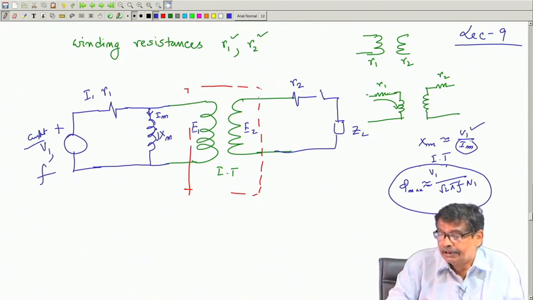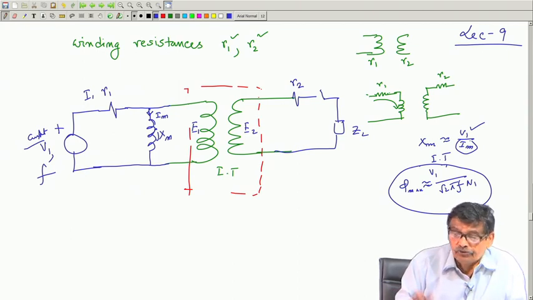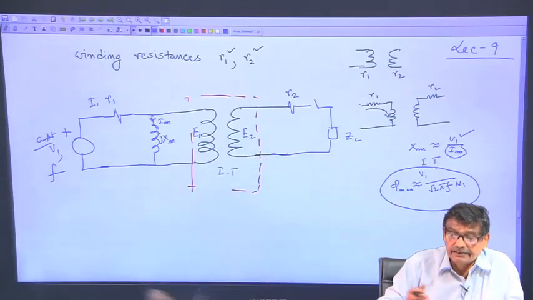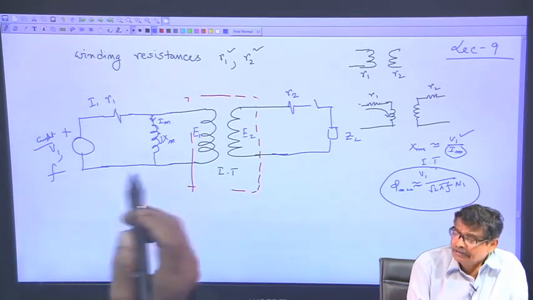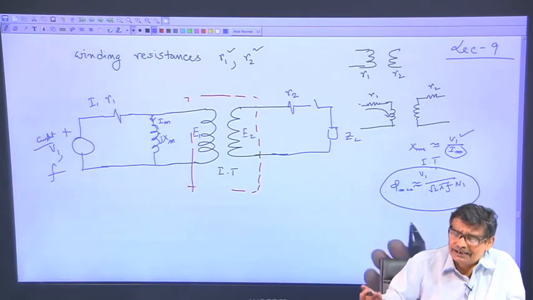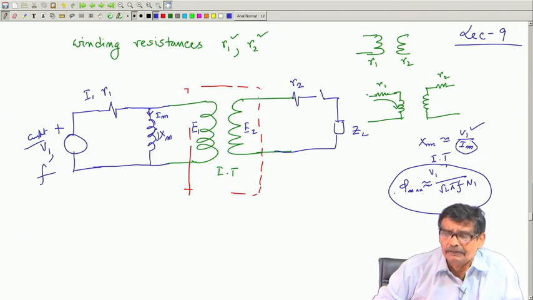Therefore, you must see that very good material is used, for example copper, whose resistivity is very low. So with rho L by A the winding resistances are small. So this assumption that phi max practically remains the same from no load to full load is good enough.